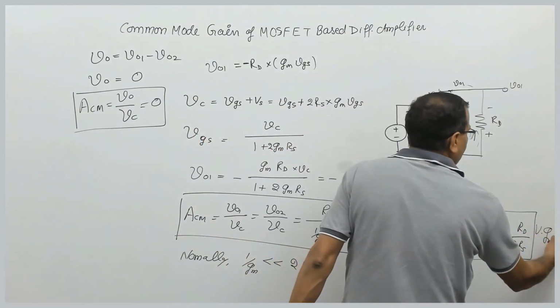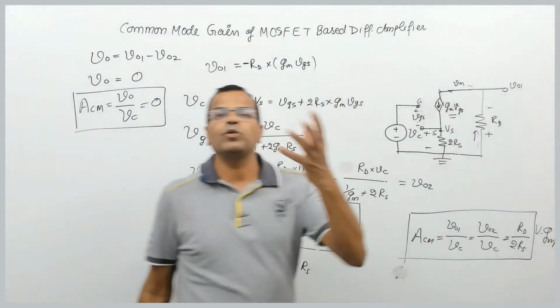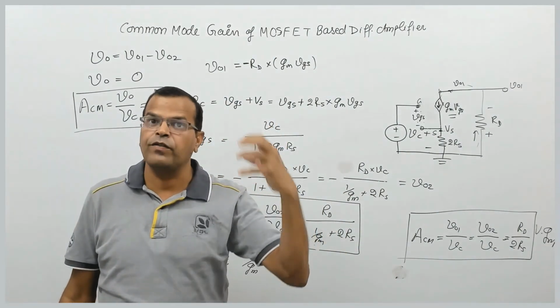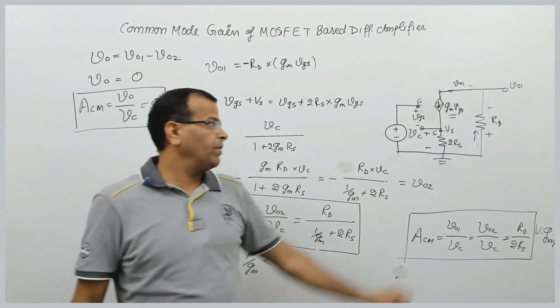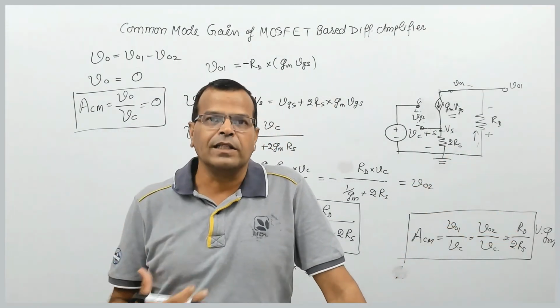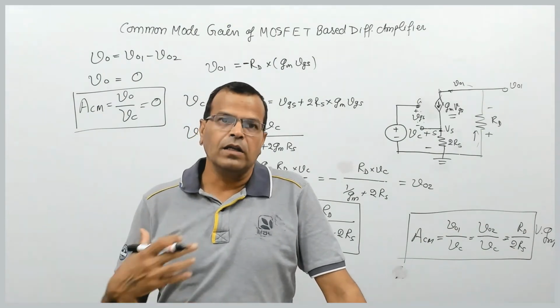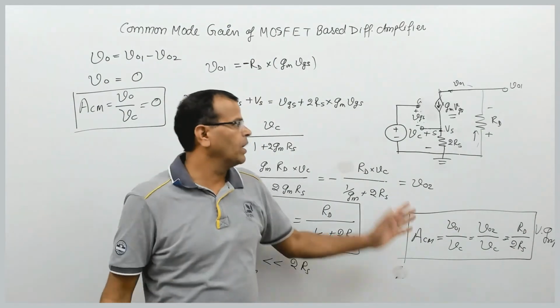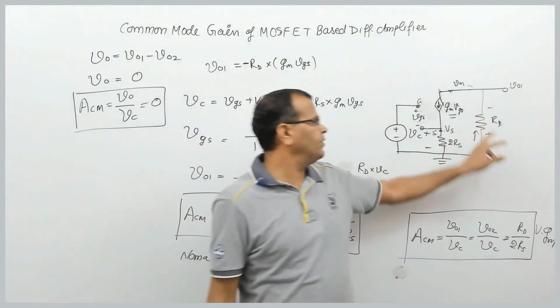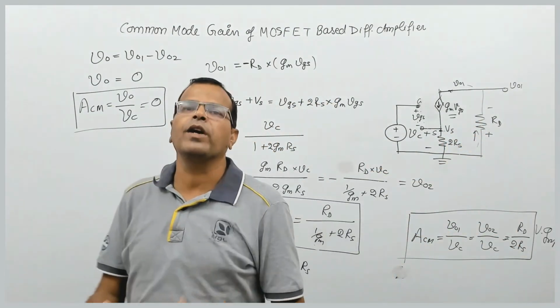This is very important because sometimes questions come like this: how can we reduce the common mode gain of the MOSFET based amplifier? By increasing the resistance connected in series with the source terminal, that is by increasing resistance RS. Fine. Or by decreasing resistance RD. So that is how we can reduce the common mode gain.